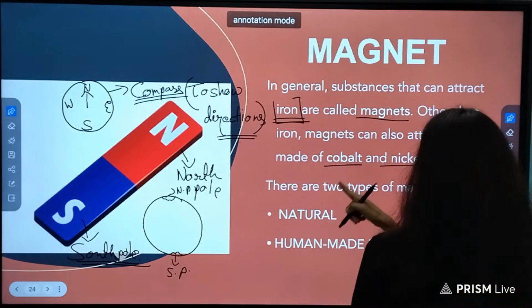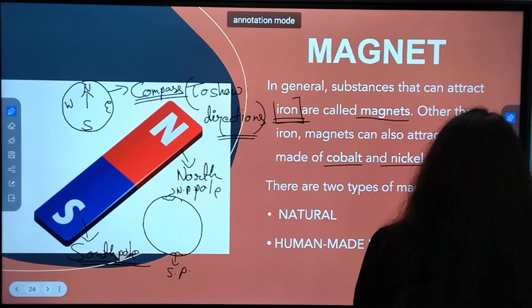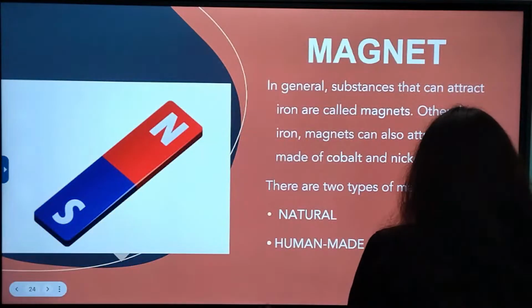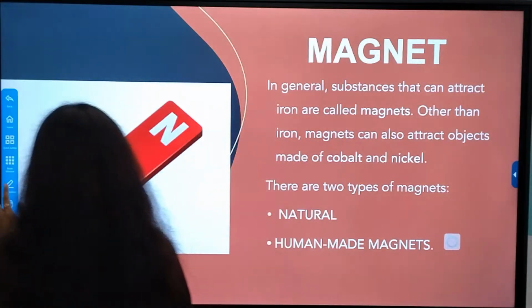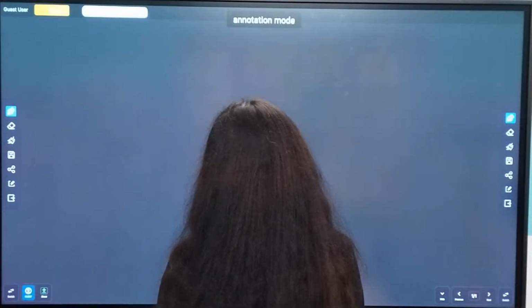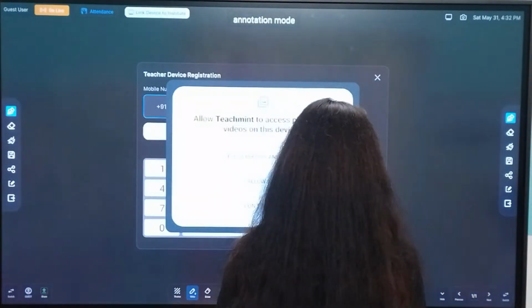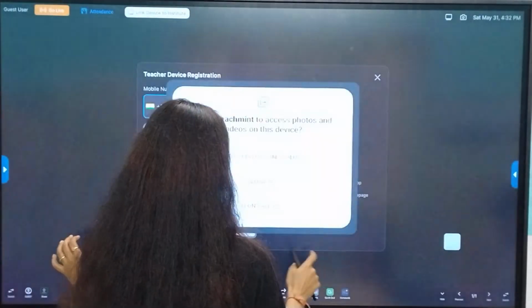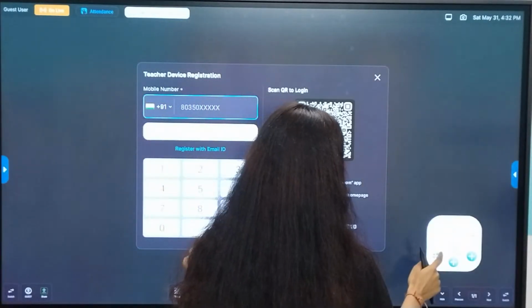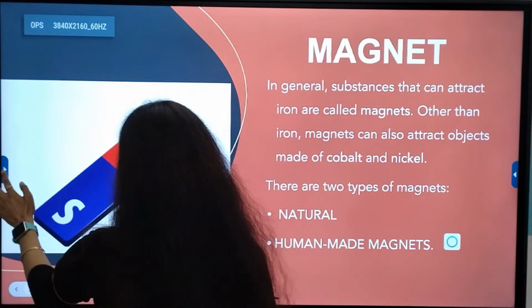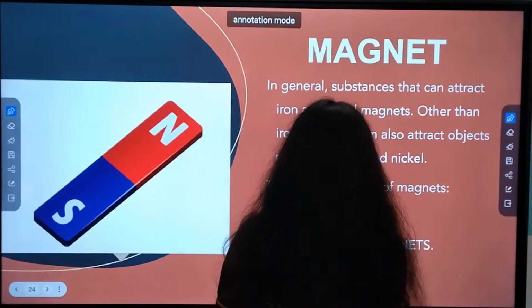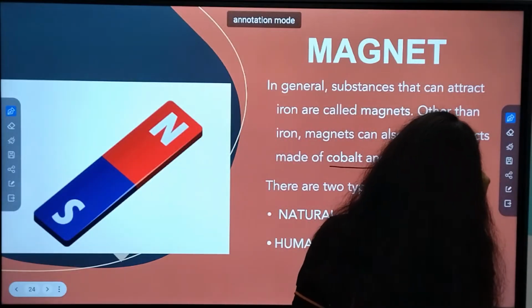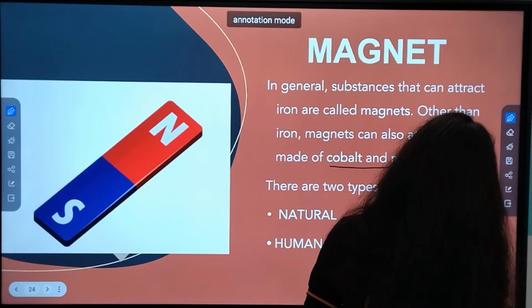That is why they can attract, because cobalt and nickel are metallic substances.